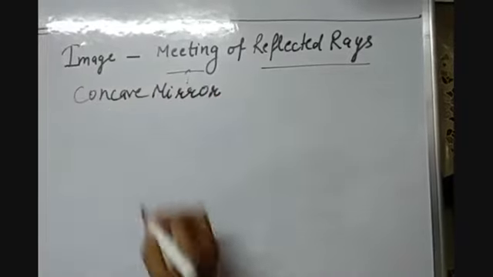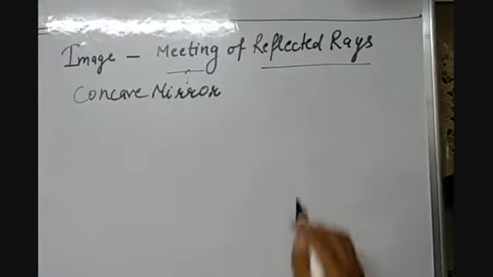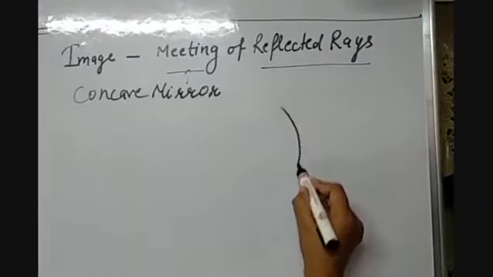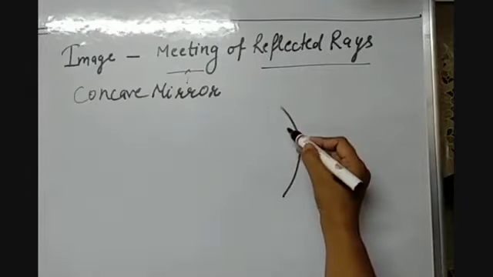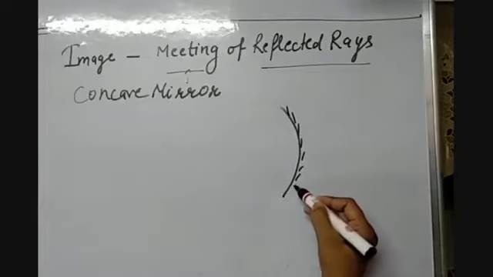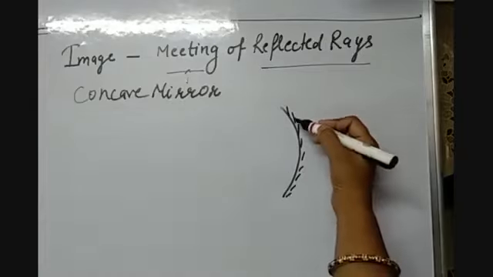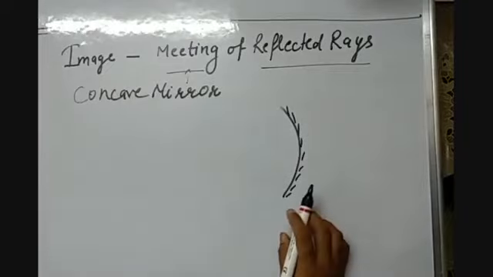As we all know, a concave mirror is a type of spherical mirror whose inner surface is reflecting. So I am making a dashed line at the surface which is not reflecting.